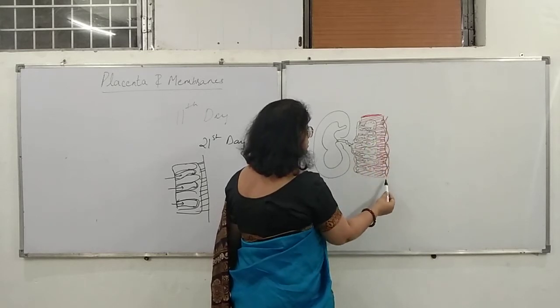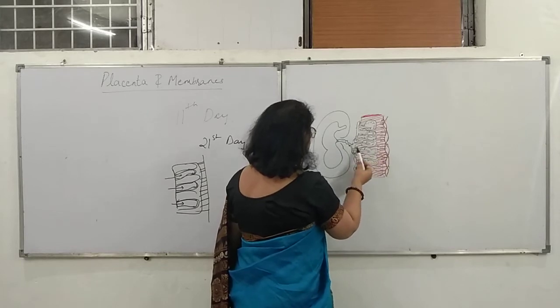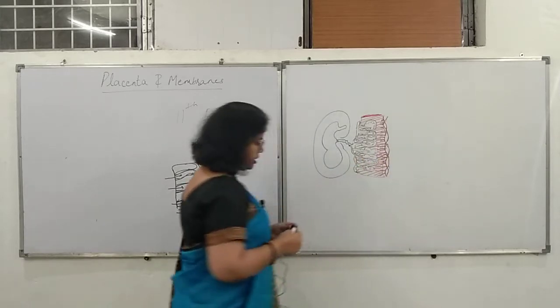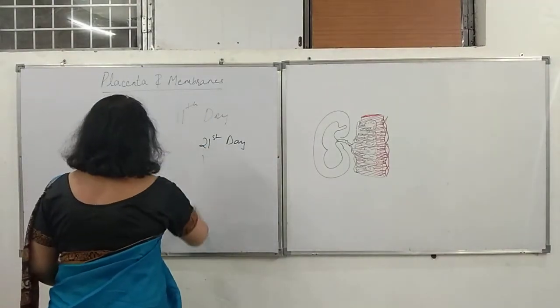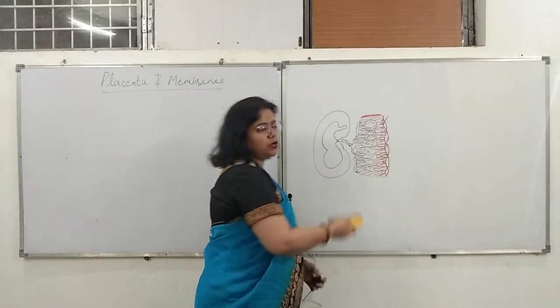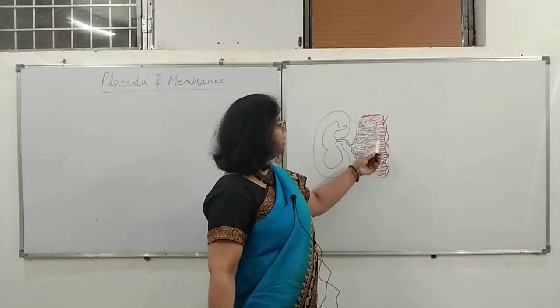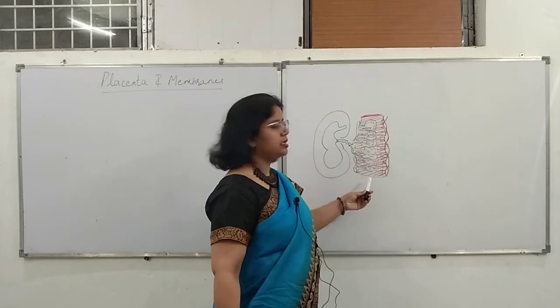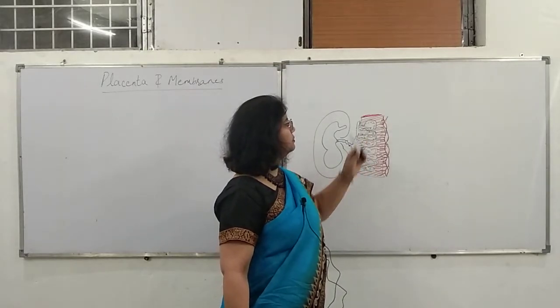The spiral arteries are perforating it, and these form the tertiary villi. By about the 21st day, this is completed. So there is close proximity of maternal blood in the intervillar space, and in the terminal villi there are fetal vessels.